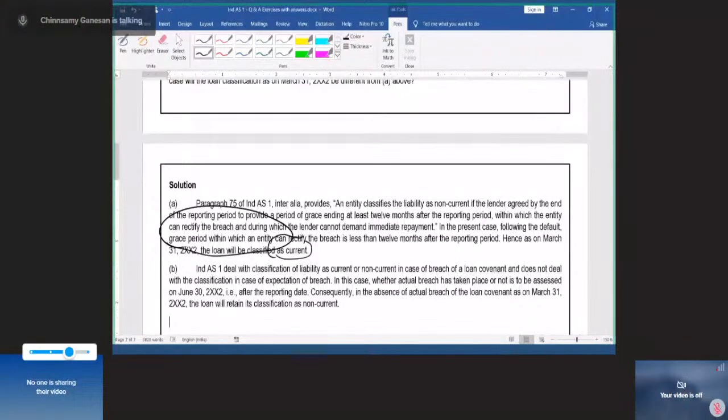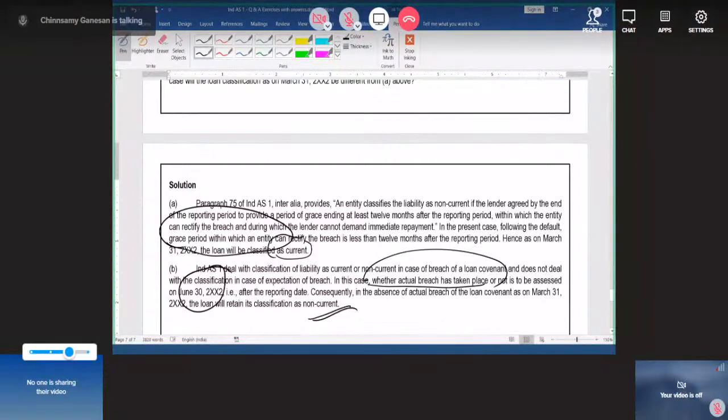Accordingly, the breach has not actually taken place within March 2012. Only if it happens in June 2012 do I have to make an assessment. In the current period, because this condition itself is postponed to June 2012, I am still entitled to treat it as non-current.